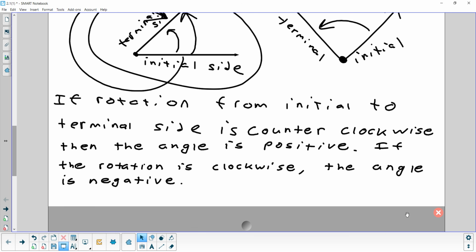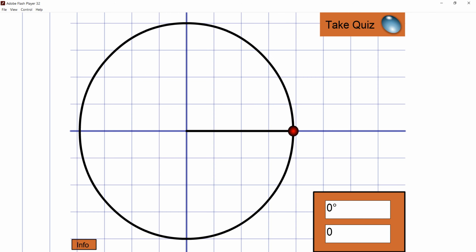All right, so let's take a look at what I mean about that positive versus negative rotation. Here's a program where I can't move the initial side, but I can put the terminal side anywhere I want. Notice the direction I'm moving is counterclockwise, and the angle is being measured as a positive number. Okay, put it back at 0.